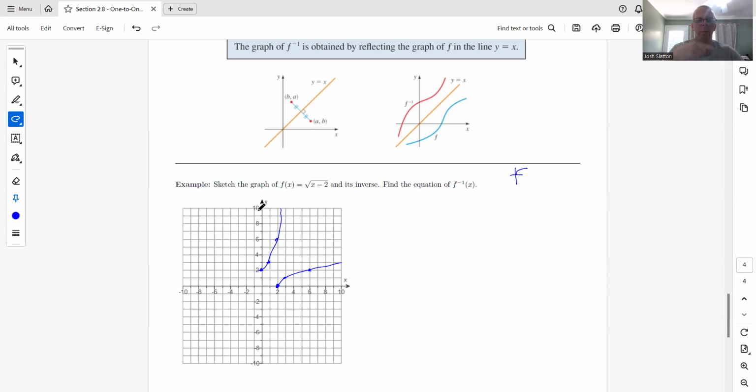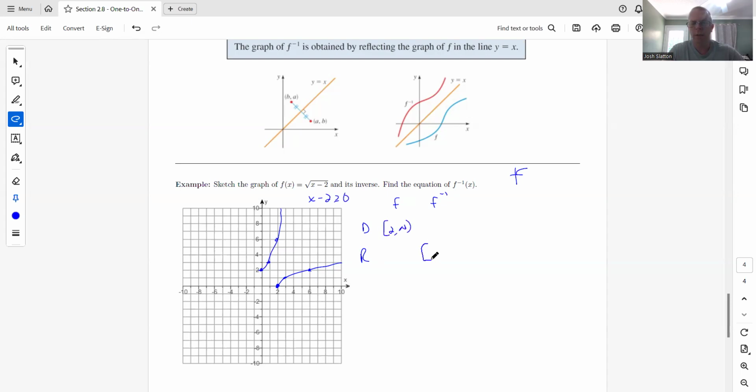Also, remember the domain and the range of f of x are the range and the domain of the inverse. So we'll make a little table here, f and f inverse, and we have domain and range. And so the domain of f, remember we say x minus 2 greater than or equal to 0. We can also see from the graph here, the domain is 2 to infinity.